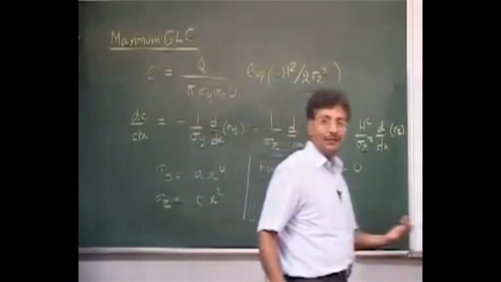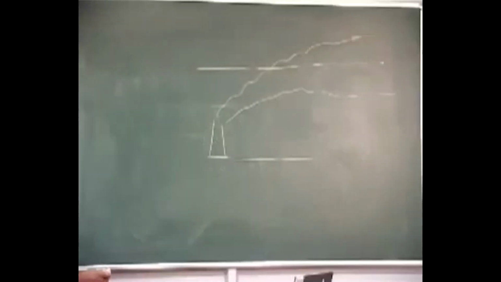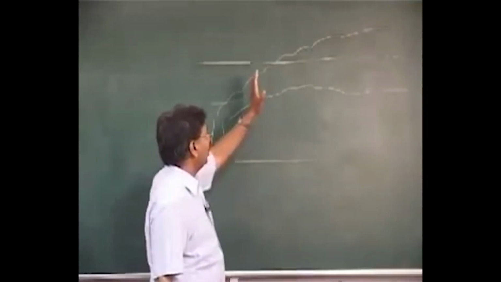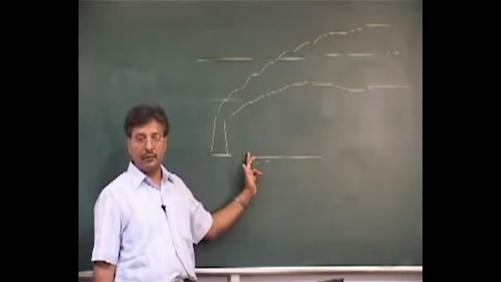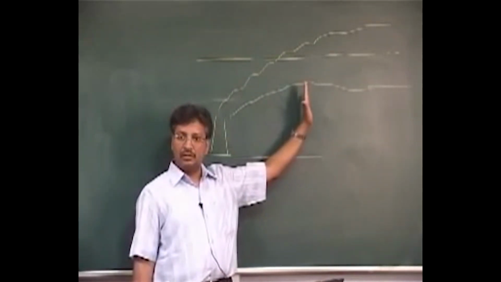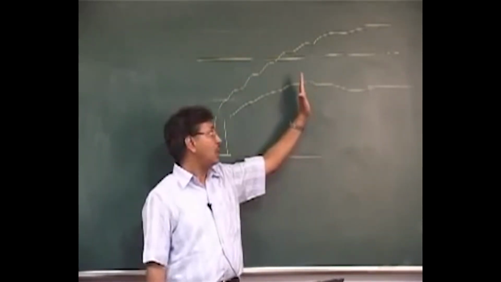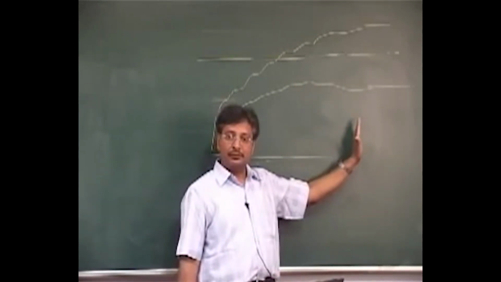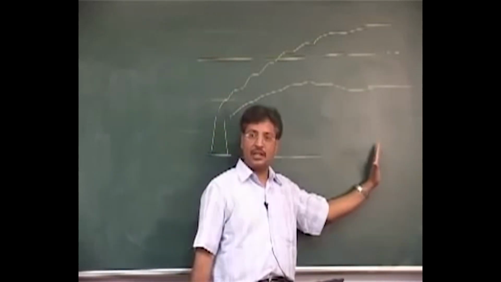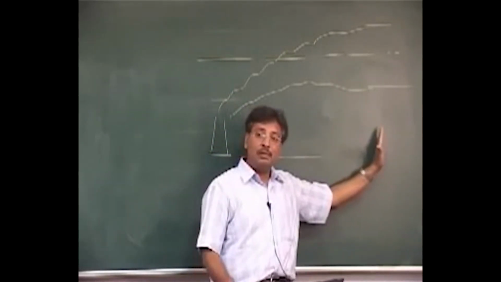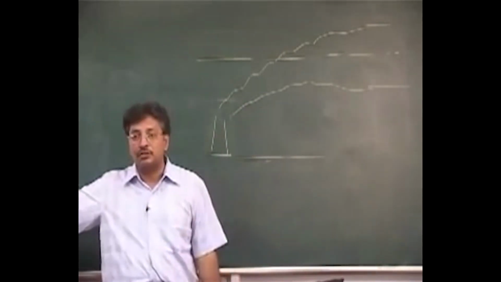What it means in the physical sense: the H is fixed, right? Sigma Z is changing with respect to x, right? A situation will come where your sigma Z, which is constantly changing with X, will be equal to H by square root 2.